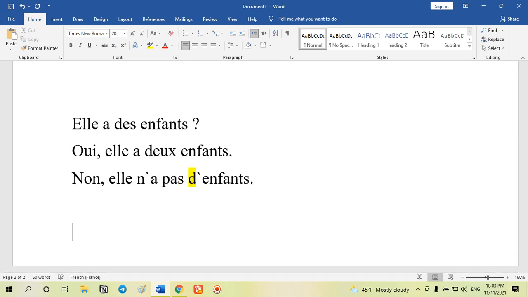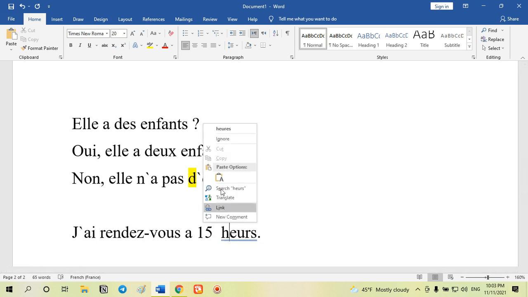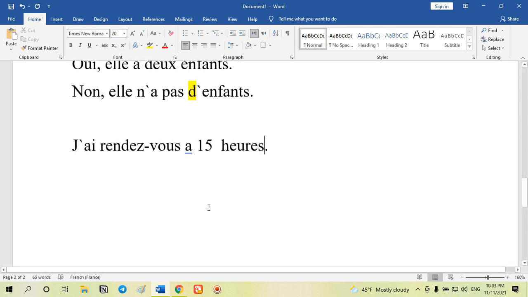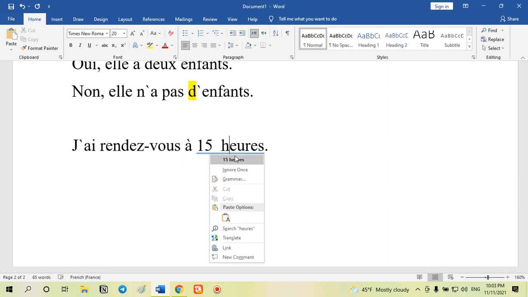Exactly, guys. Another example, the third example is j'ai rendez-vous à 15 heures. Accent grave on the a, yeah, like that.